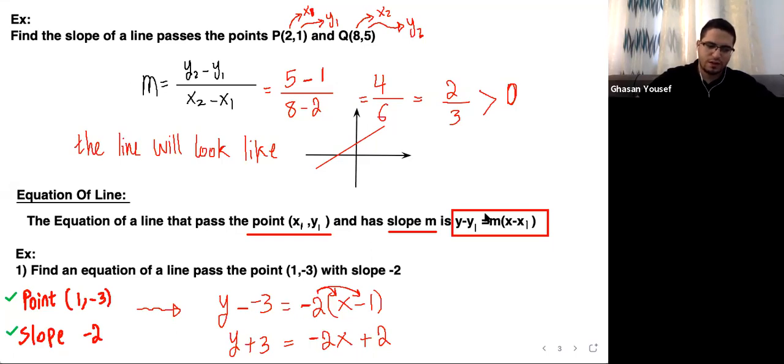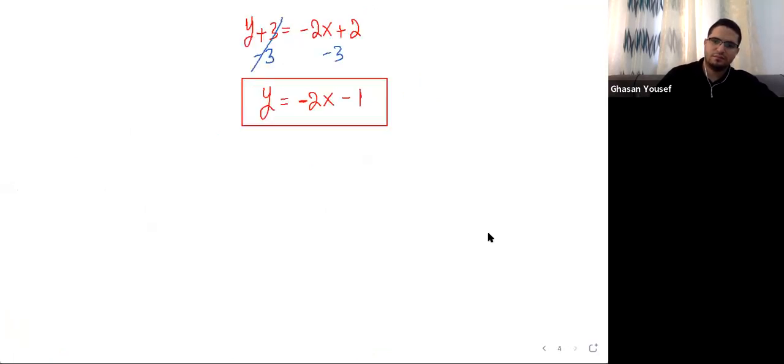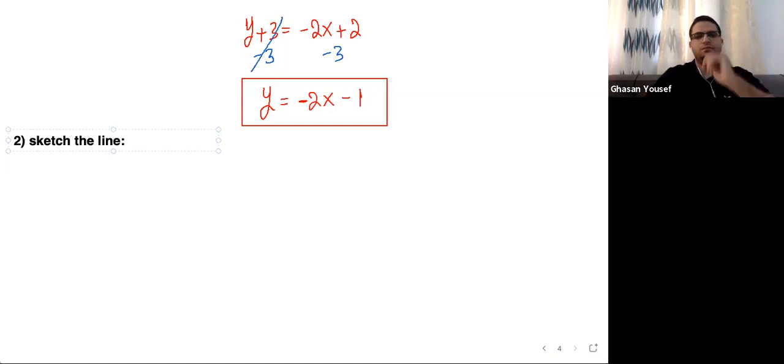Okay, the second part asks to sketch the line. So number 2, sketch the line. How can I sketch the line?